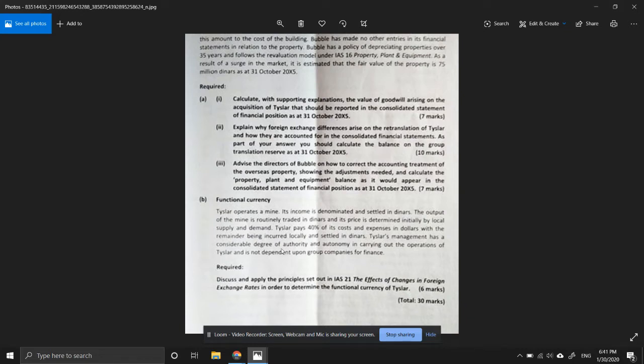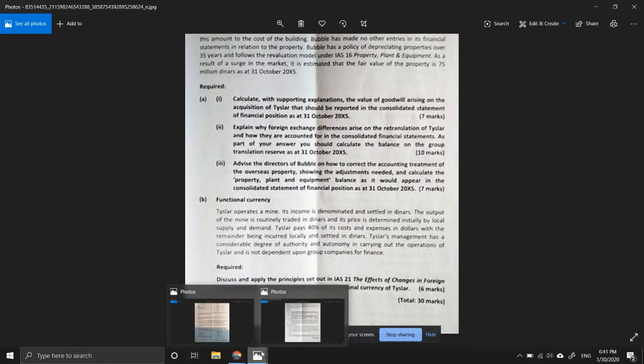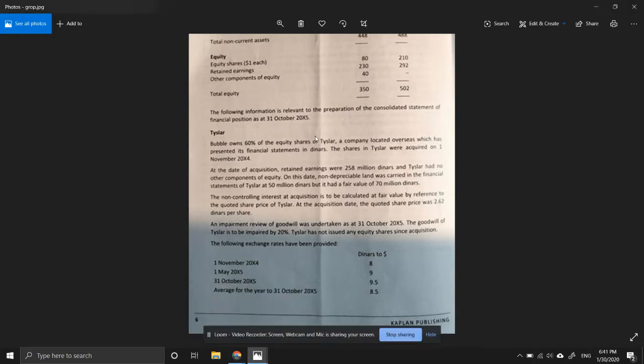Teisler management has a considerable degree of authority and autonomy in carrying out its operations and is not dependent upon group companies for finance. Discuss and apply the principles set out in IAS 21, The Effects of Changes in Foreign Exchange Rates, in order to determine functional currency. So let's calculate the goodwill first of all, using the given information.